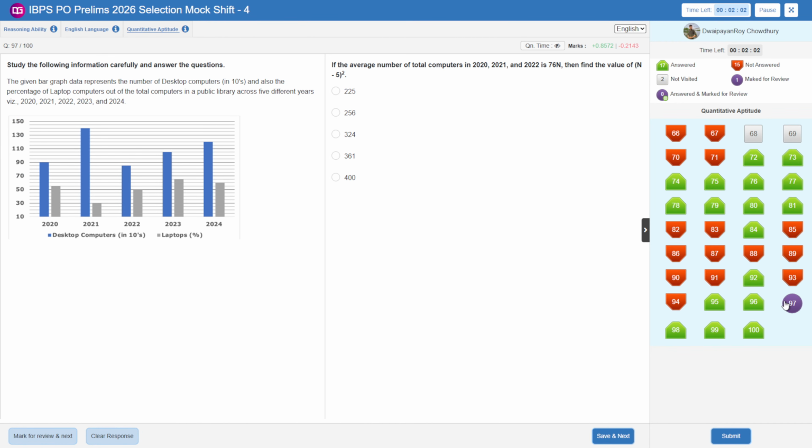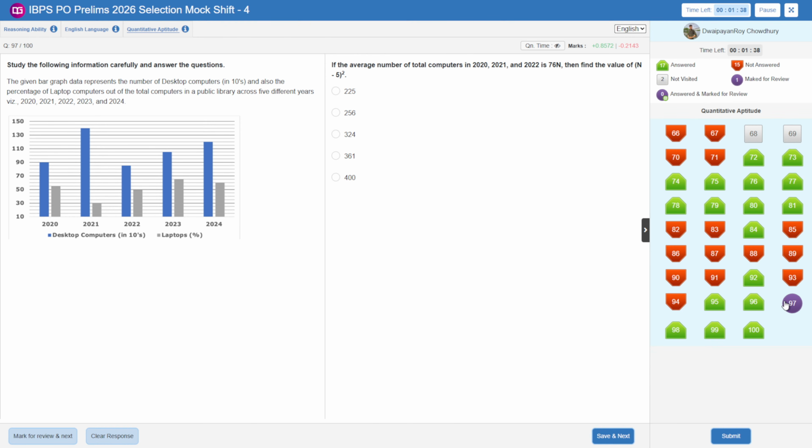Let's do this one. The average of total computers in 2022 is 21. So the average number is 4. So it's 1900, which is 76n. So it's 4n.